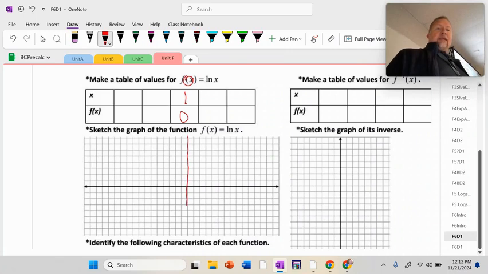When I'm filling out my chart, I can think about it that way. What happens when I output 1? What's my input? e. What is e approximately? 2.718. I can only fit 2.7 in there. 2.7, 1.